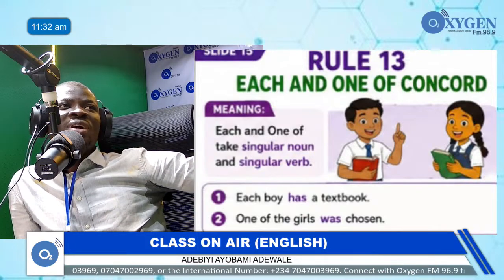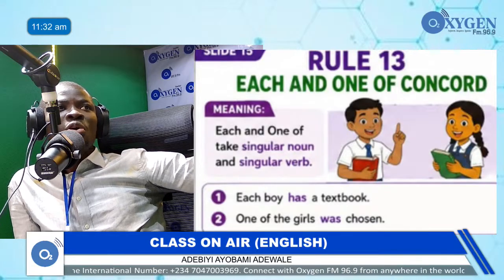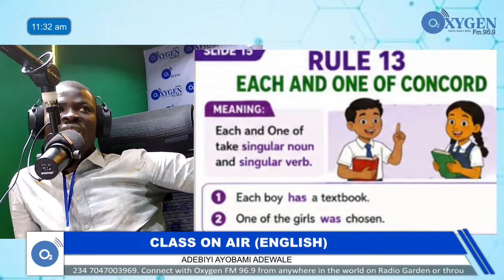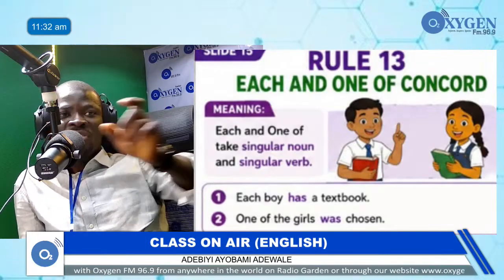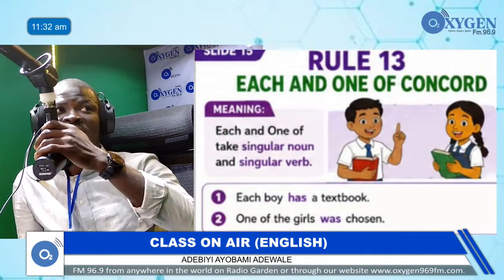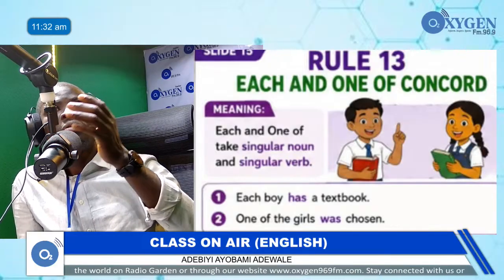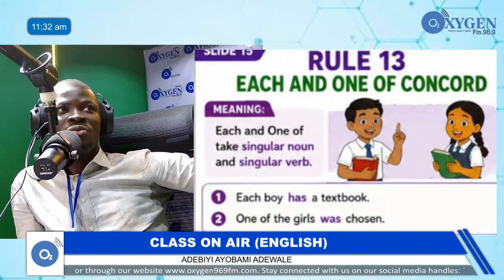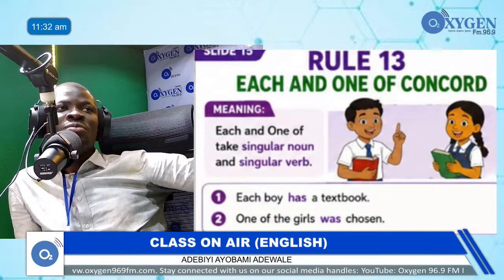You have these examples: each and one of take a singular noun and singular verb. Each and one of is a phrase, and that's what we call partitives in the English language. We also call them quantifiers, but I love to call them partitives. So each and one of takes a singular verb.